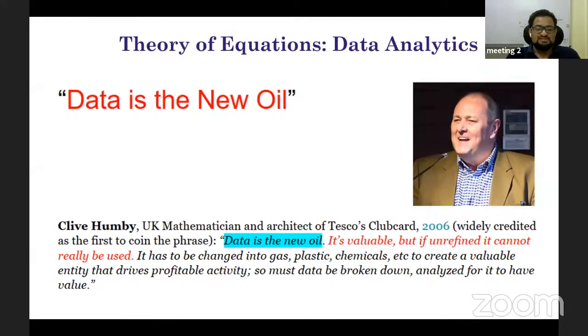I can give you the same example with Geo. Many of you might be having a Geo SIM. The Geo SIM was launched in the year 2016. The main motive of Ambani was that data is the new oil.